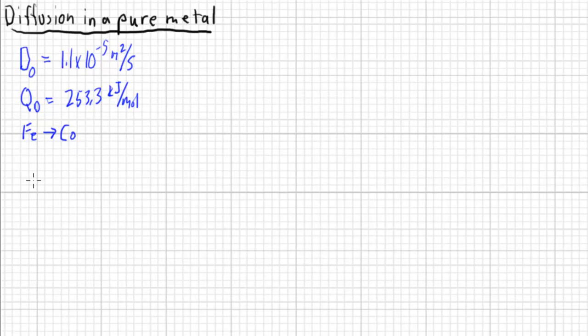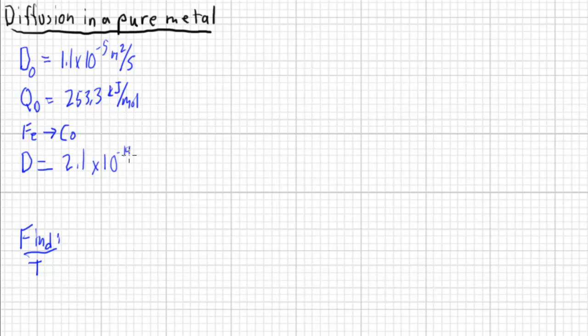And the question asks at what temperature, so we need to find some temperature at which our diffusion coefficient is equal to 2.1 times 10 to the negative 14th meters squared per second. Again, we're looking for the temperature at which this happens.